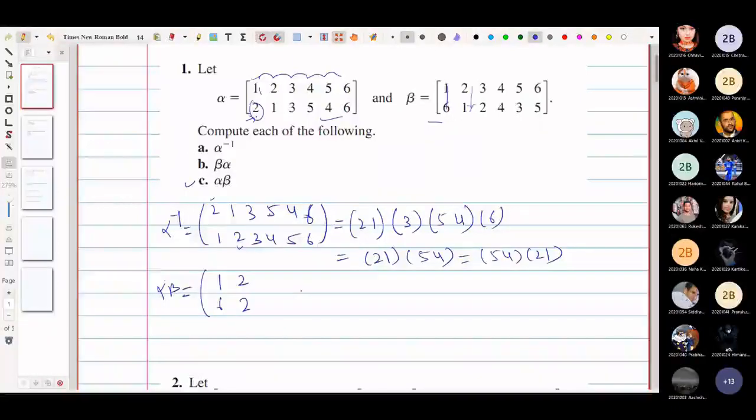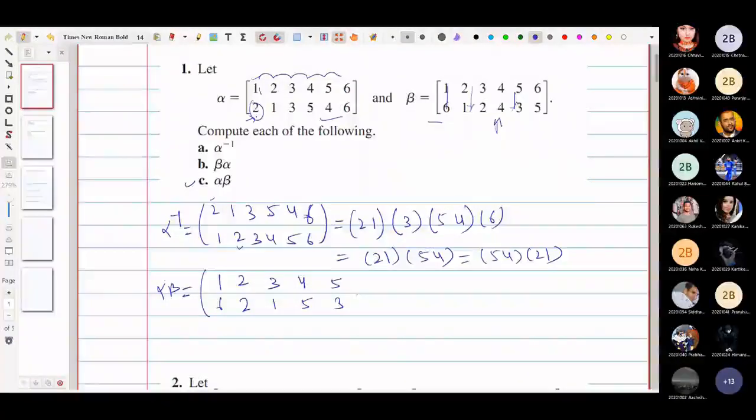And then 3 maps to 2 and 2 maps to 1. Then 4 goes to 4 and 4 goes to 5, and then we have 5 goes to 3, and then let us see 3 goes to 3.